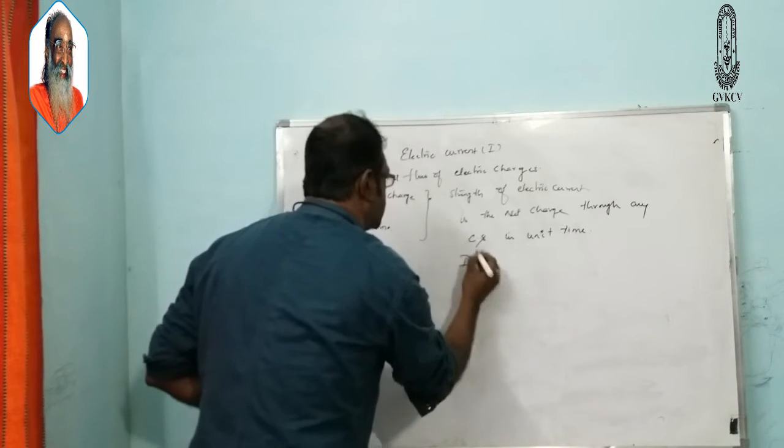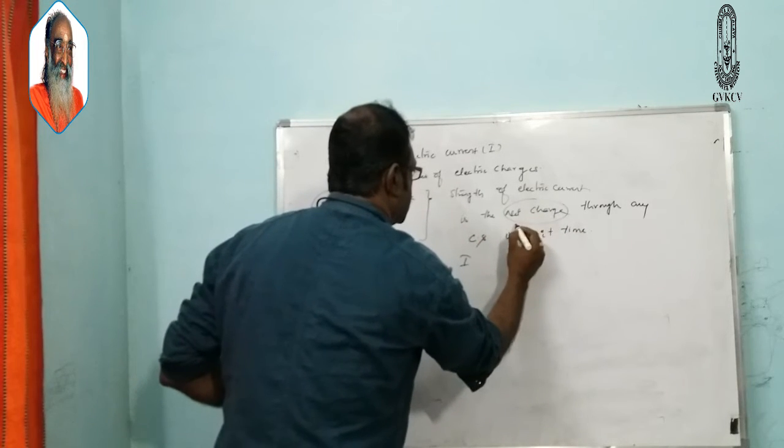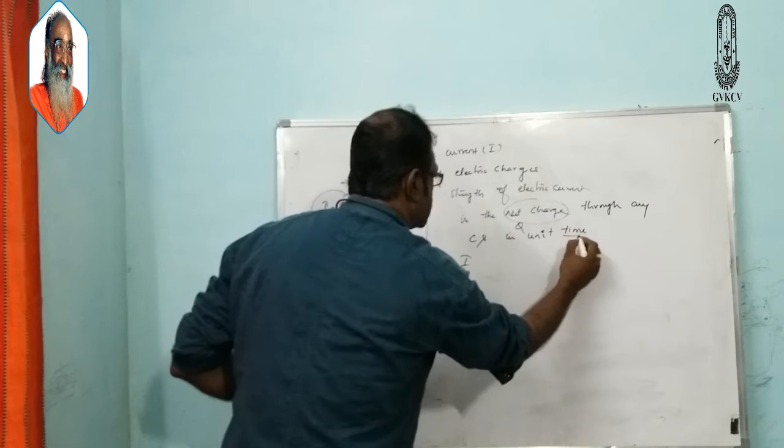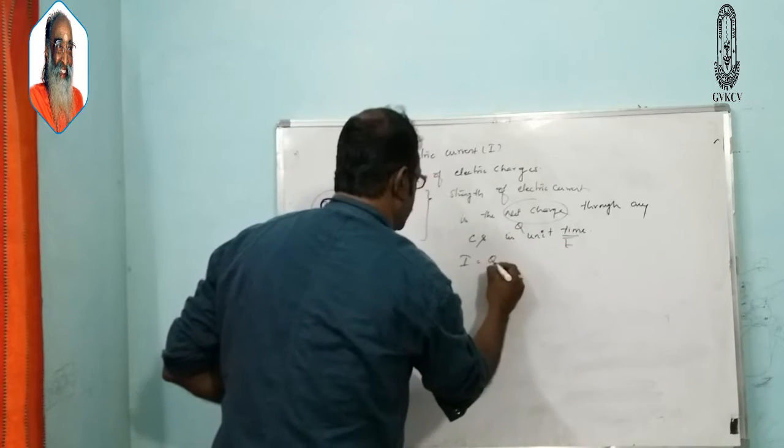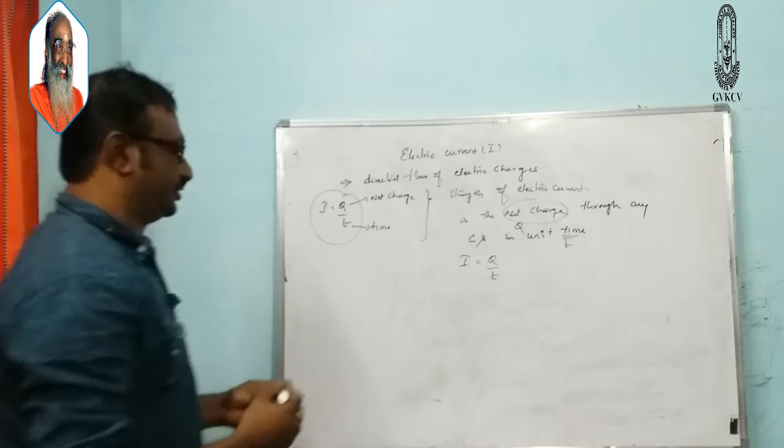So here net charge is Q and time is T, so I is equal to Q by T. Like this we have defined.